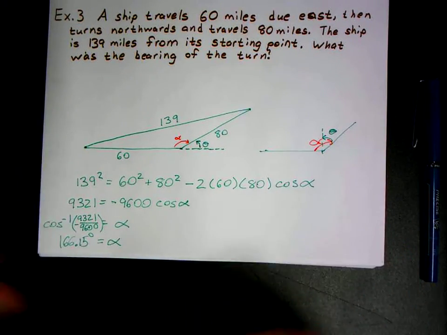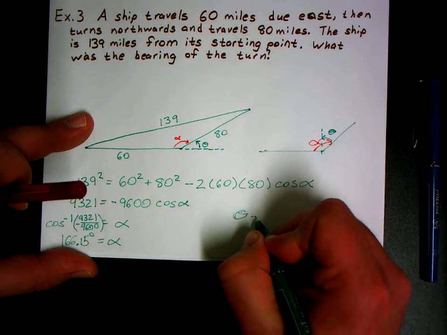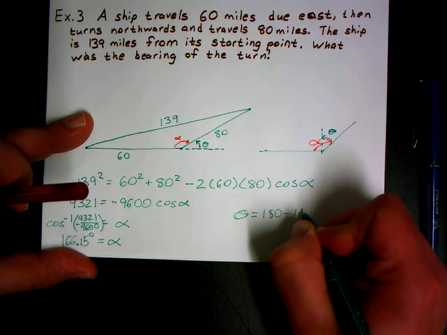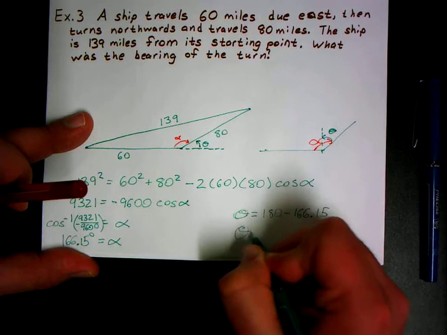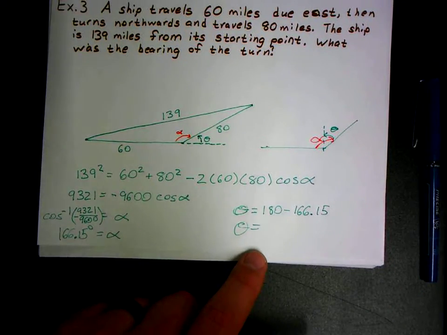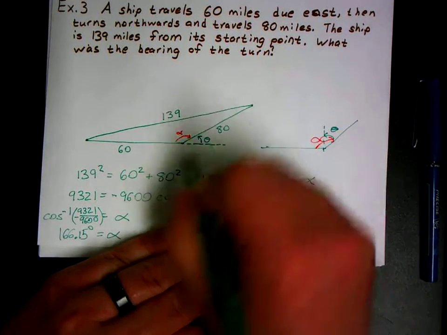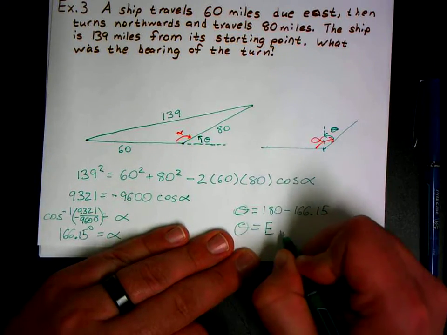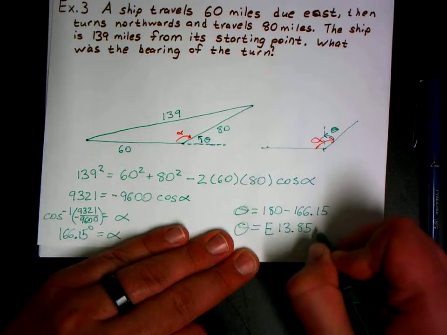So with the theta that I did, for this angle here, I'm starting at the east line and I'm going 13.85 degrees north.